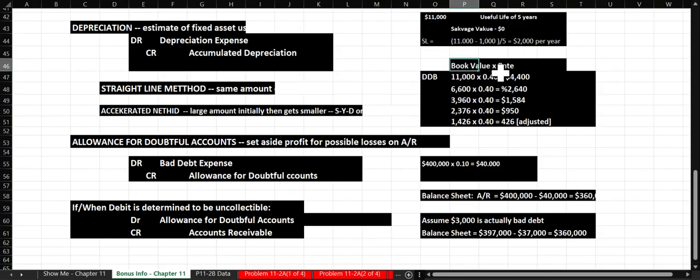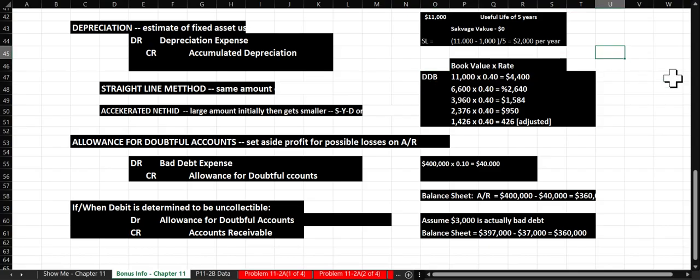So let's say they were using the double declining balance method. This is one of several accelerated methods, DDB for short, double declining balance method. What does that mean? It means that they are going to double the rate that would have been used under straight line. So if we were doing straight line, it would be 1/5, right? Because we have 5 years, so we're doing 1/5 every year.